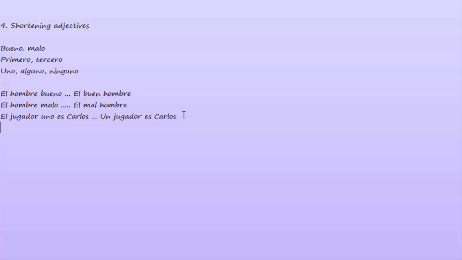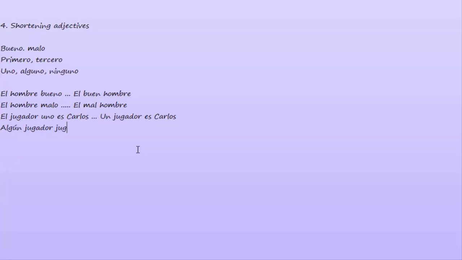Finally, let's work on a couple examples with alguno and ninguno. For example, alguno. Generally, we use alguno in this position, okay, before the noun. For example, algún, and you put any noun you want. Let's say algún jugador, some player, or any player depending on the context.